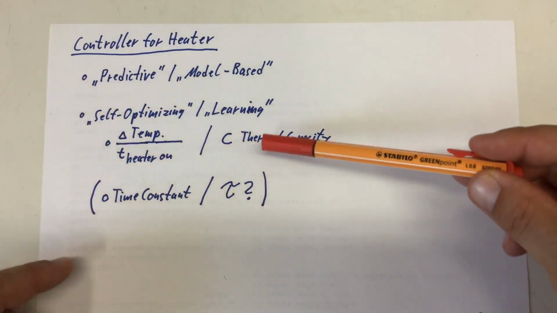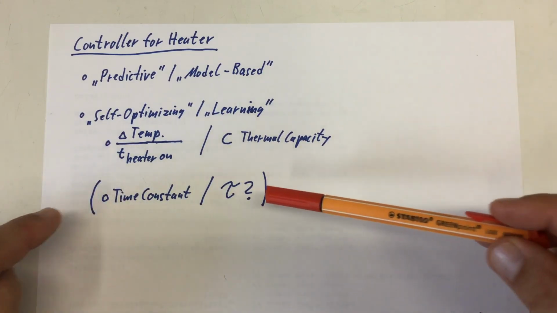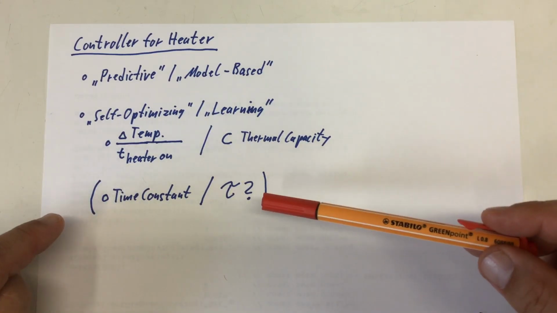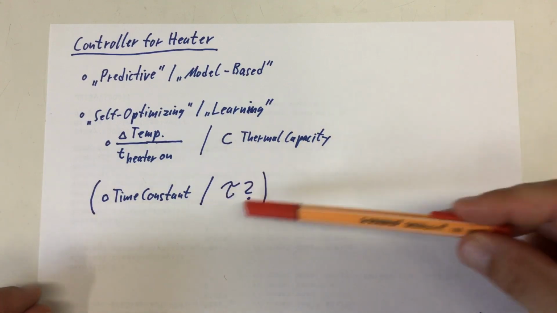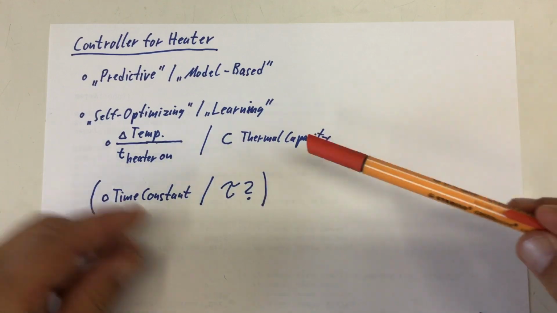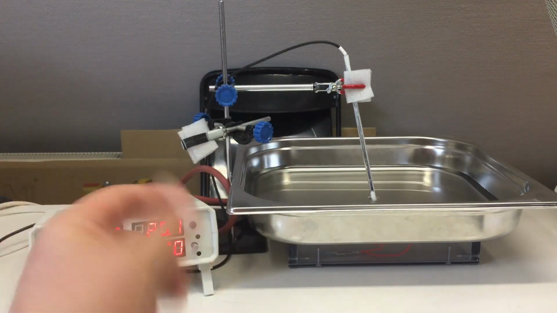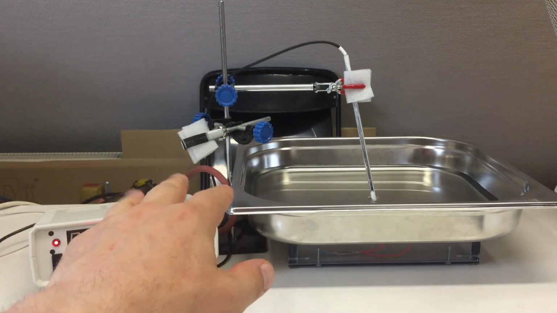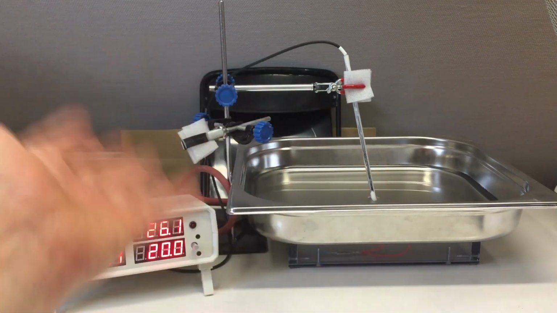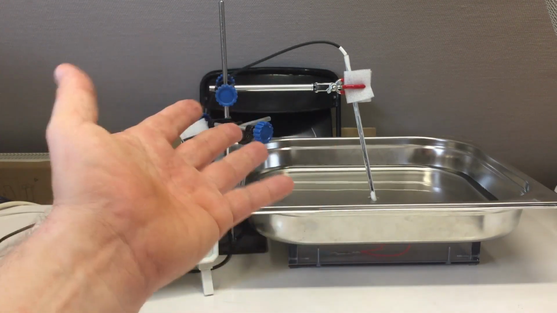And maybe, but that's totally optional, we can also learn about the time constant of our system. But as I said, I'm not really sure if that's a time constant in the classical sense. But that's definitely something for the next chapter in the software book of my laboratory water bath saga.